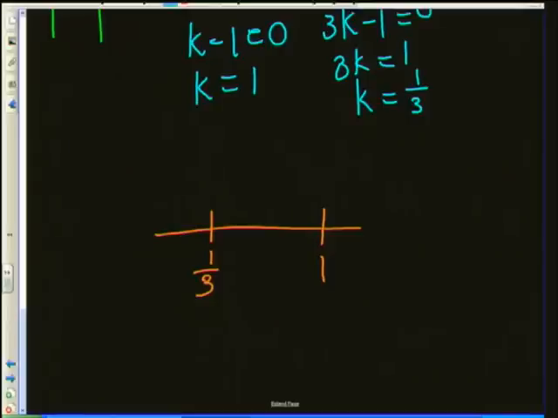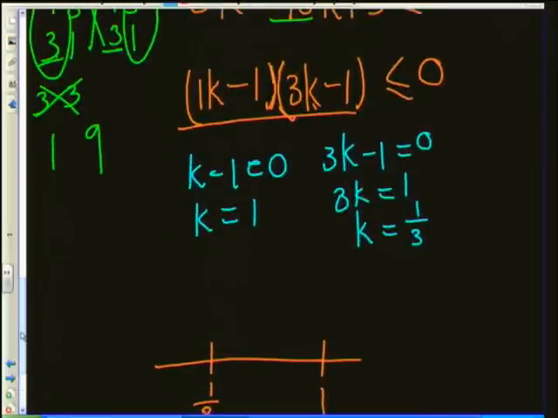So let's try 0. If I substitute 0 into that bracket, I'll have 0 minus 1, which is going to give me a negative answer. And I'm going to have 3 times 0, which is 0 minus 1, which is another negative answer. So it means that if I multiply these two, because that's what I'm doing there, a negative times a negative will give me a positive.